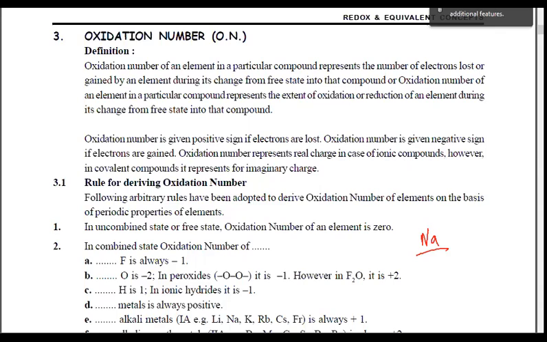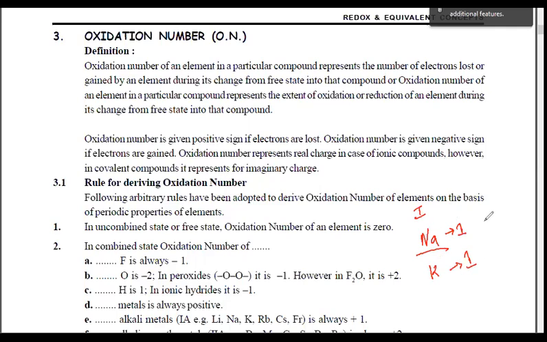Sodium, and most metals, have a fixed valency, usually for s-block elements. When you talk about group one, the valency is 1. Be it sodium or potassium, all of them will lose 1 electron.